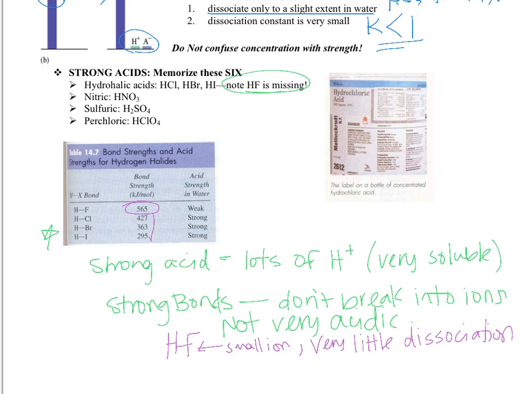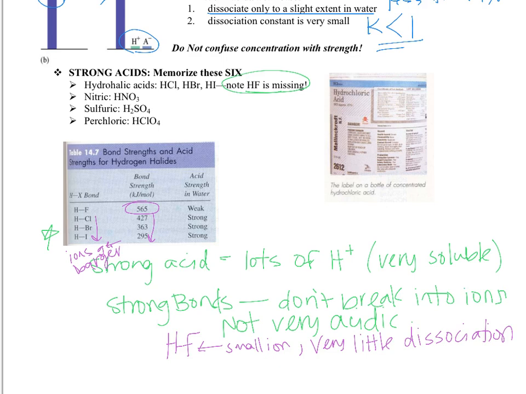But when we compare all the others, as I go down, these ions get larger. So as I'm going this way, my ions get larger, and the larger those get, the weaker that bond becomes. So that's why we see that decrease in bond strength.